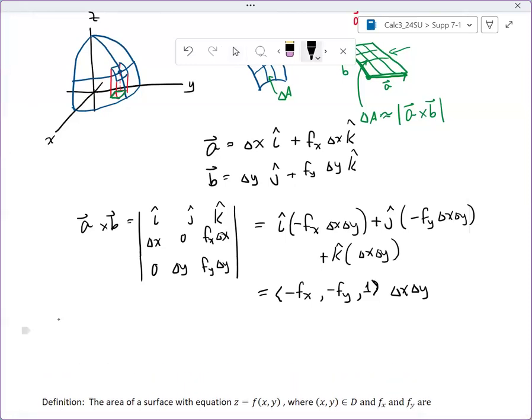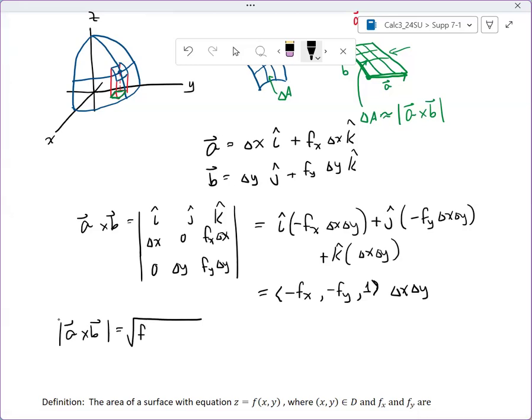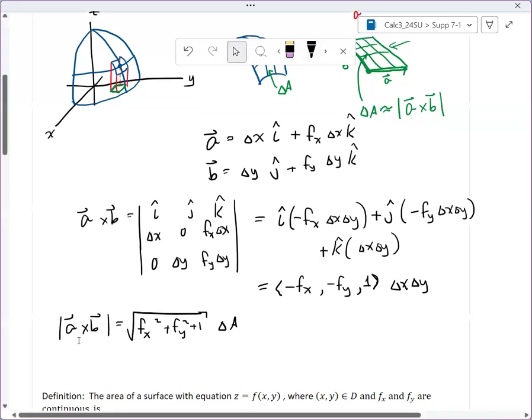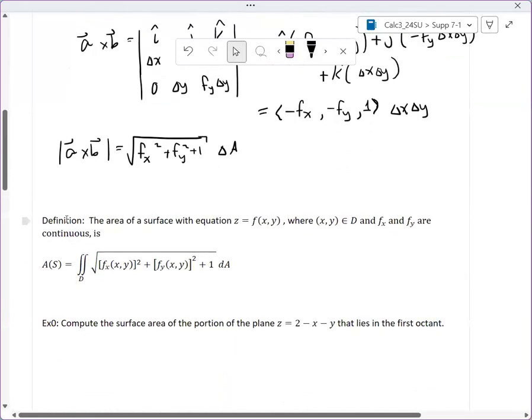Okay, and then lastly, what is the length of A cross B? Well, that's the square root of fx squared plus fy squared plus 1 times delta A. And then, of course, we would imagine adding up a bunch of these areas, getting an approximation to the surface area, and then taking the limit as delta x and delta y both go to 0, and we would come up with this definition.